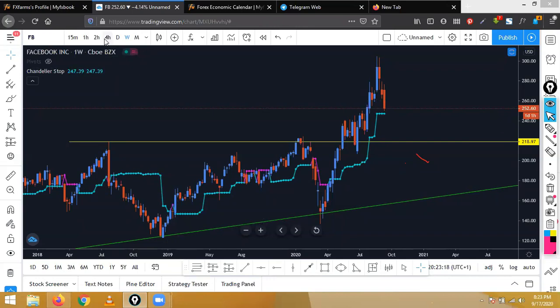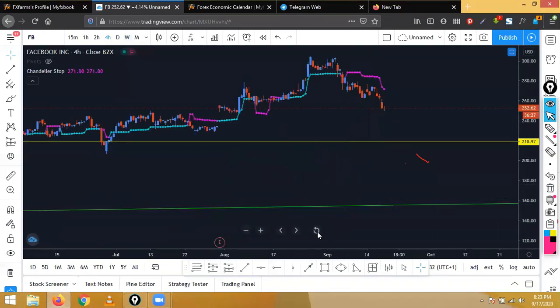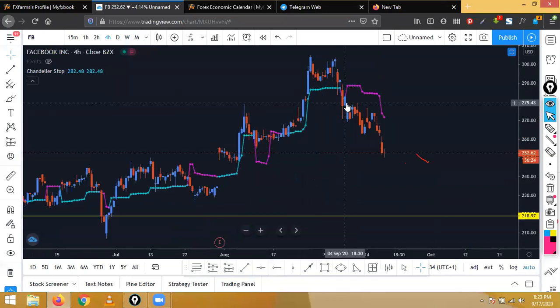And also if you are a swing trader, you won't be buying these Facebook stocks because from here we got a rejection. So as a swing trader, you want to catch each swing. If we go to the 4 hour time frame or even the daily, you will notice that price has swung to the downside.